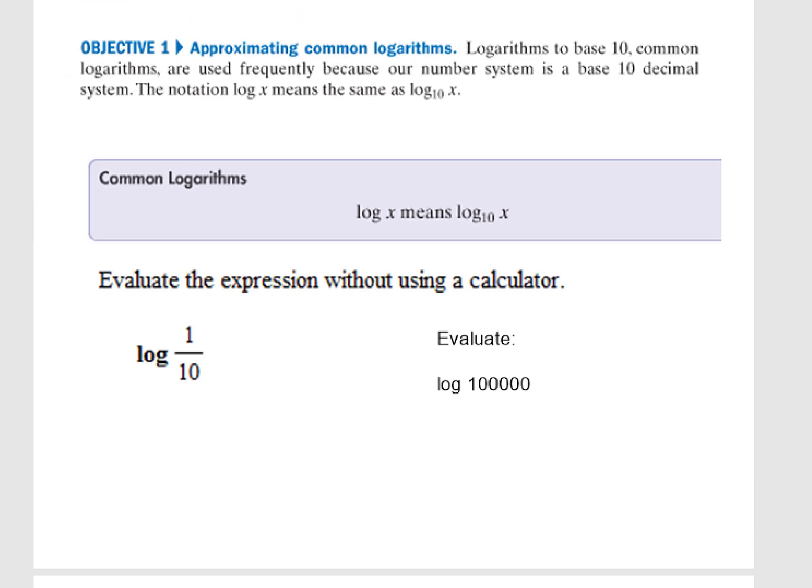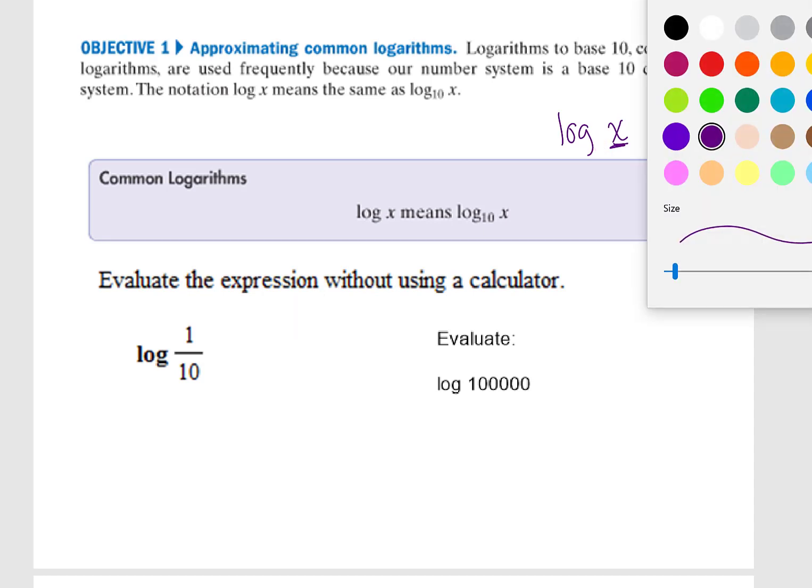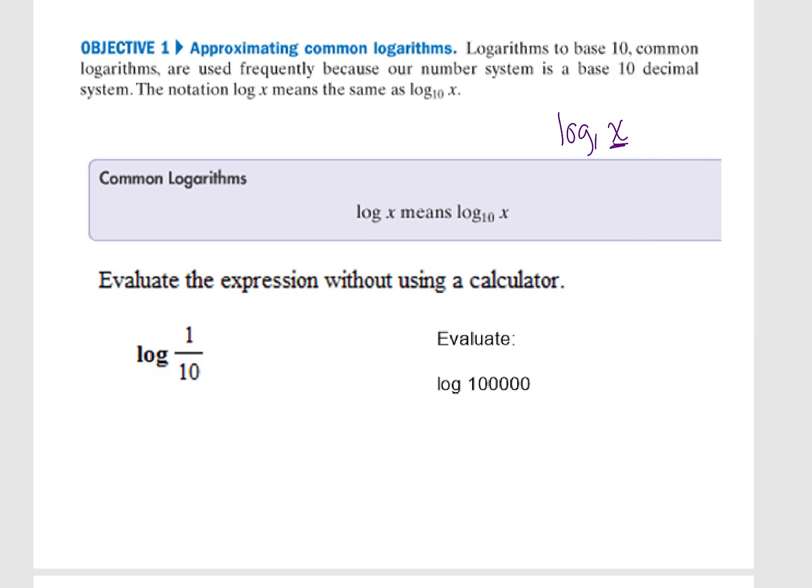We have something that we call a common logarithm. And when you just see log x, remember that we'd say log base whatever of this number. Well, when you don't see anything there, it's understood to be 10. It explains in the beginning of this slide that we have a number system with a base 10 decimal system.